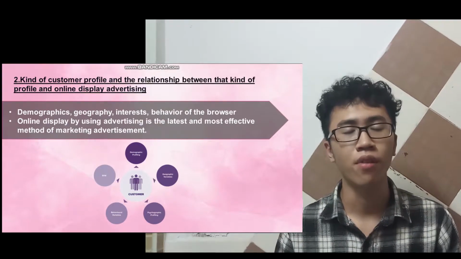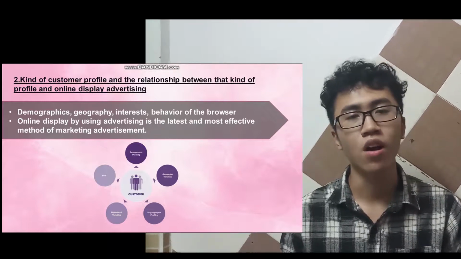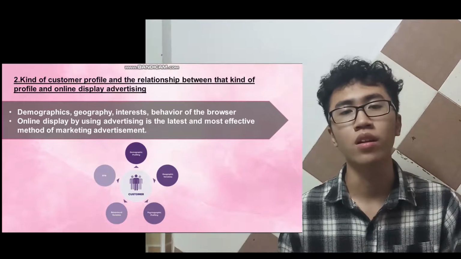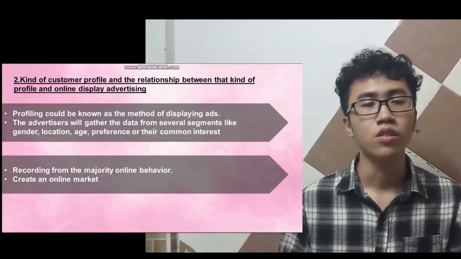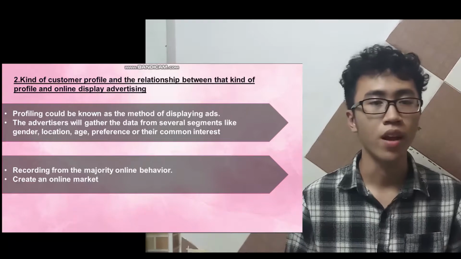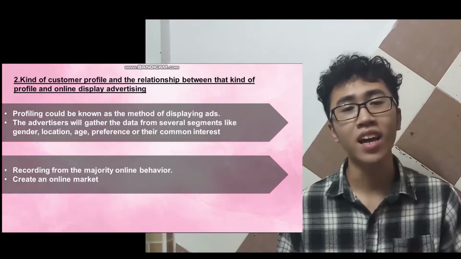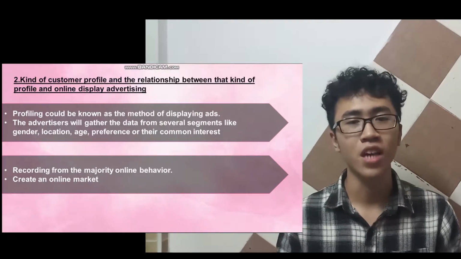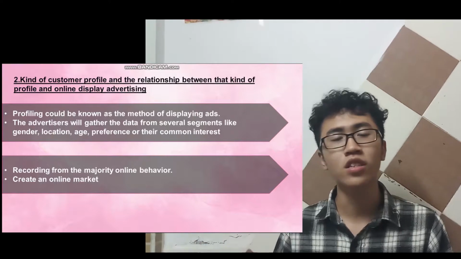To define the shopping behavior of a person, there is a requirement of collecting data for the profile. So we can know that profiling could be known as the method of displaying ads. Obviously, the sellers can create a banner on the user's window to interest the customer.